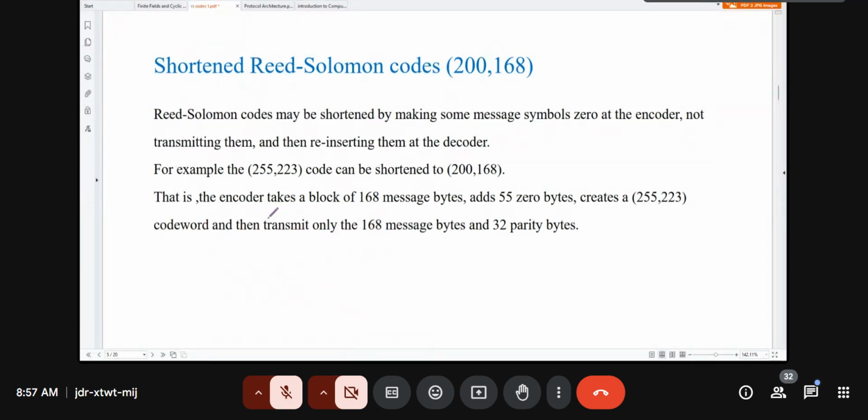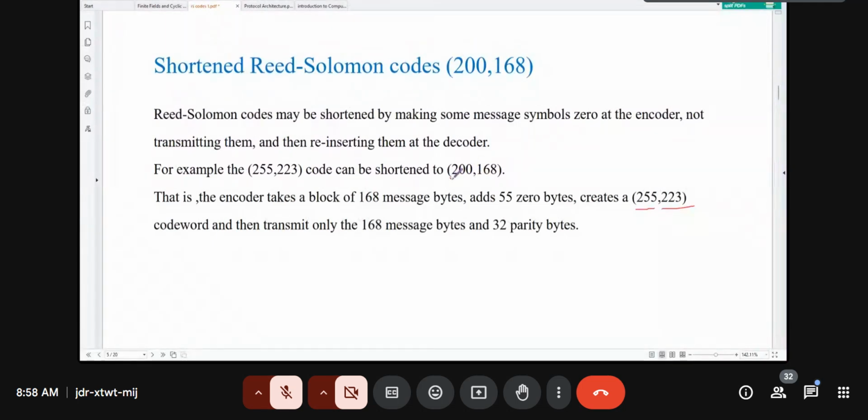You are taking the 168 message bytes, adding 55 zero bytes to the message, so that you create a 223 byte message. So what you're able to generate is the 255. Now, once you generate 255, you don't carry the 55 zeros you added. So you only carry 200.